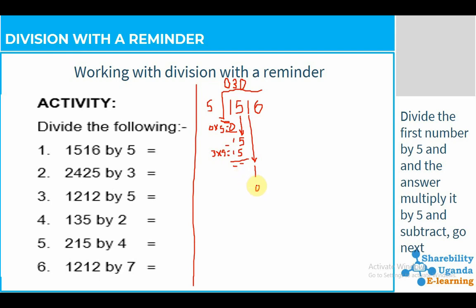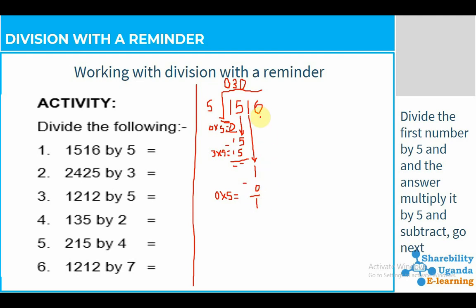We say minus that, shall be able to get 1.